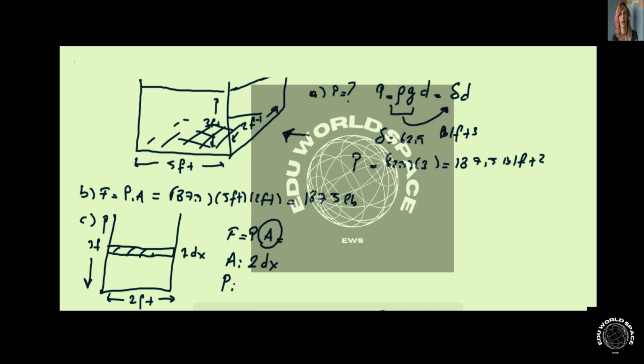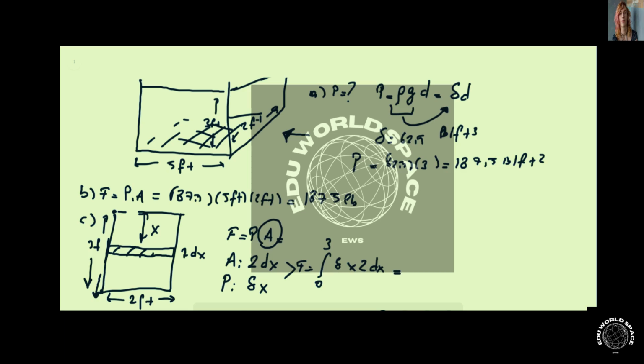Pressure again will be lambda times depth, where depth in this case, assume that it is x, and let's say that we're measuring that x starting from the surface of the water. So that would be lambda times x. Combining those two, force would then be the integral from 0 to 3, so from the surface of the aquarium all the way to the bottom, of lambda times x times 2 dx.